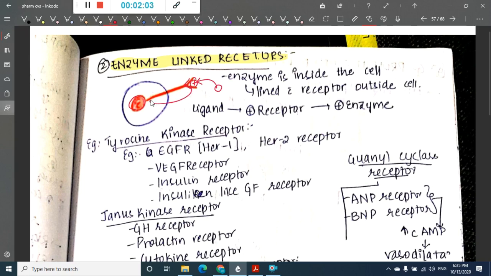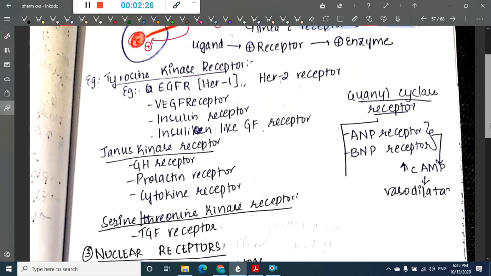Now this receptor will activate the enzyme which is present inside the cell. So this is the enzyme linked receptor. Here, the enzyme is inside the cell and the receptor is outside the cell. So what are the examples of these enzyme linked receptors?